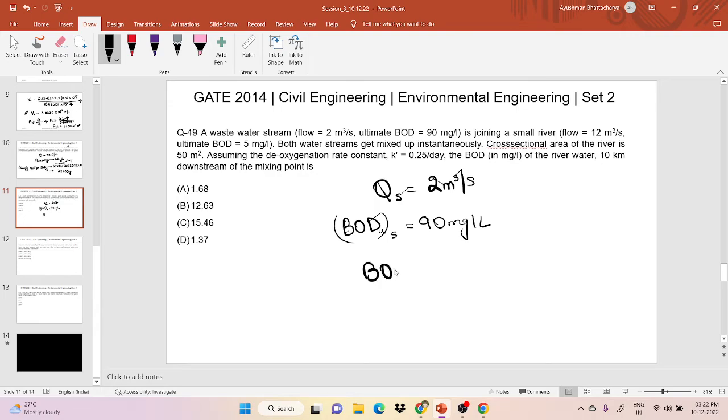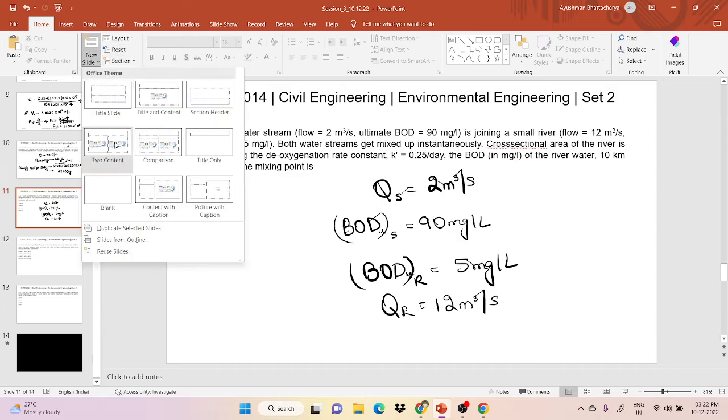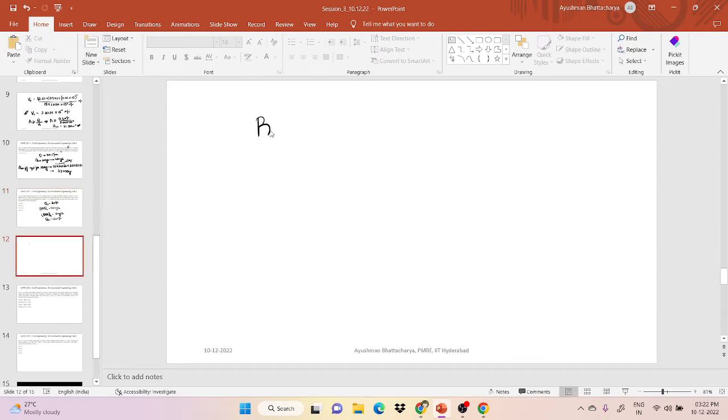So ultimate BOD of river is 5 milligram per liter, and flow rate of river is 12 meter cube per second. So from this we will first calculate the ultimate BOD mix.